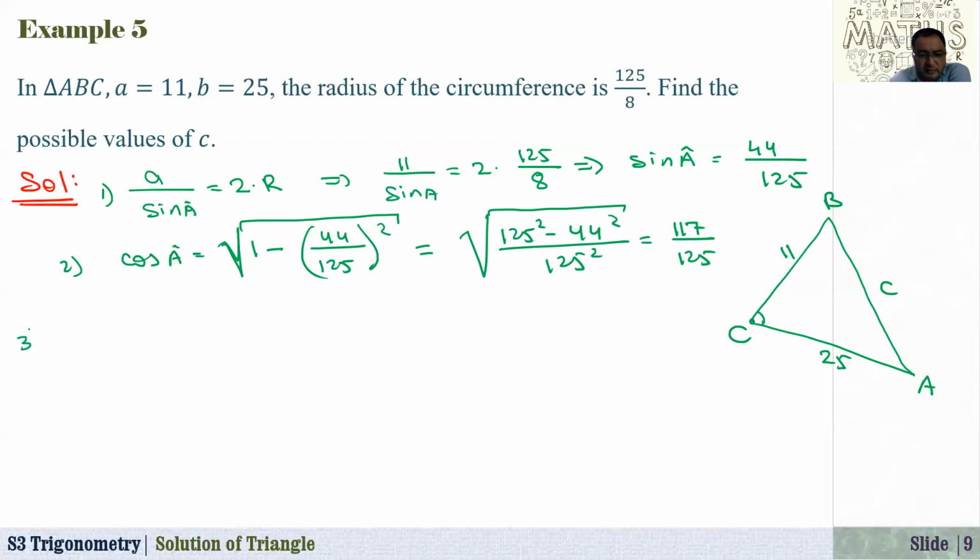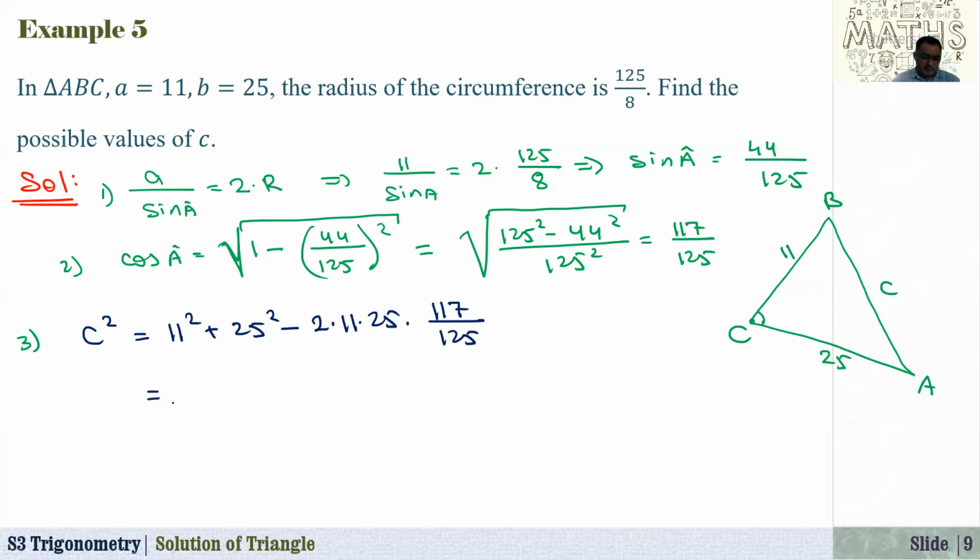Now, number 3, we can evaluate C using the cosine rule. So what is C squared? C squared is equal to A squared, that's 11 squared, plus B squared, that is 25 squared, minus 2 times 11 times 25 times cosine of A. Cosine of A is 117 over 125.